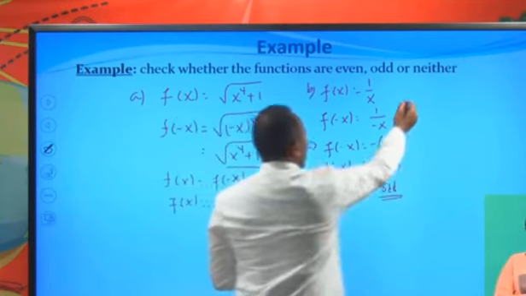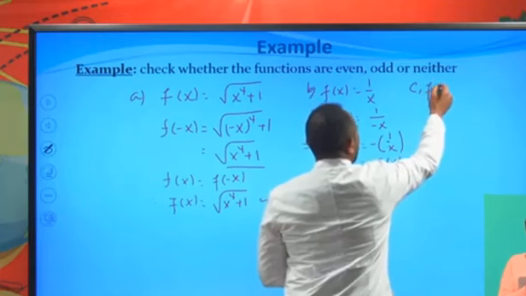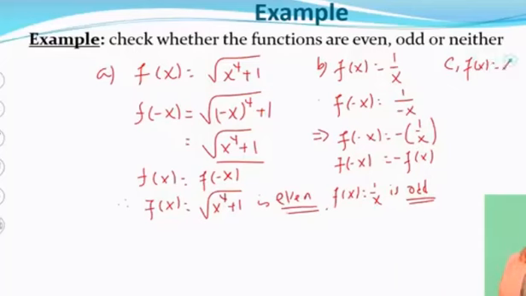If you see this one, f of x is equal to x plus 1. Let's find f of negative x, which will be equal to minus x plus 1. So, these two, f of x and f of negative x, are not equal. They are not opposite either.